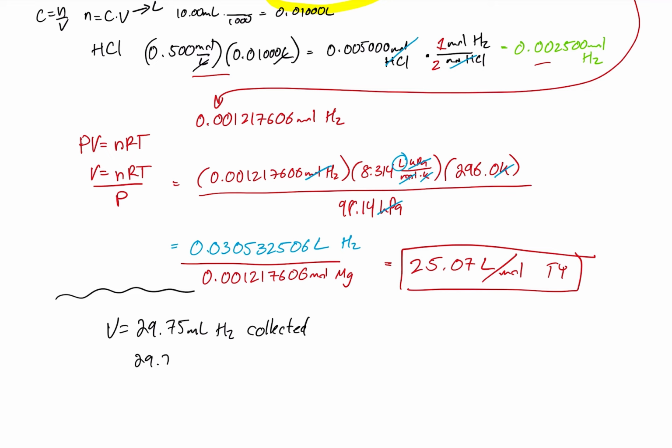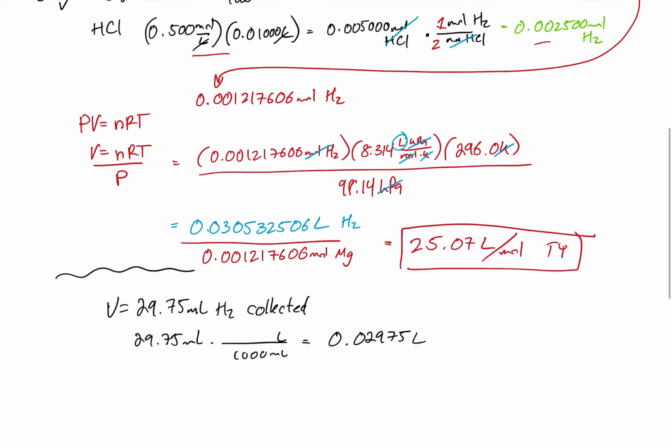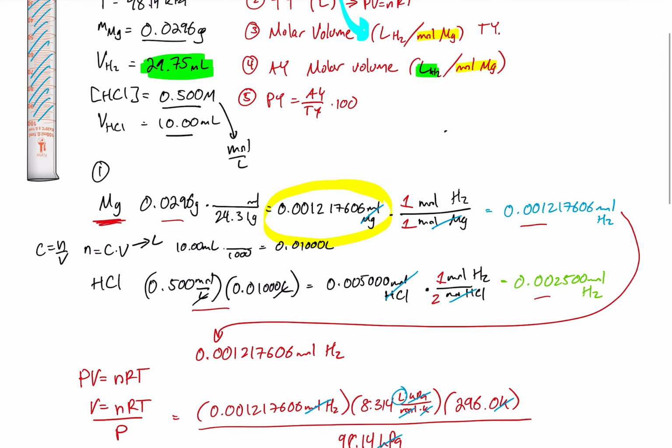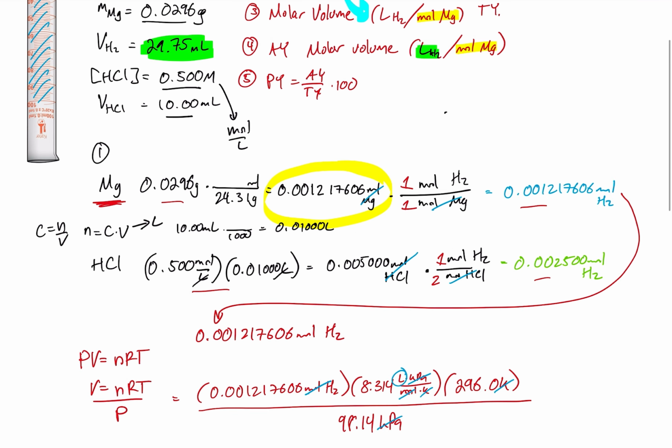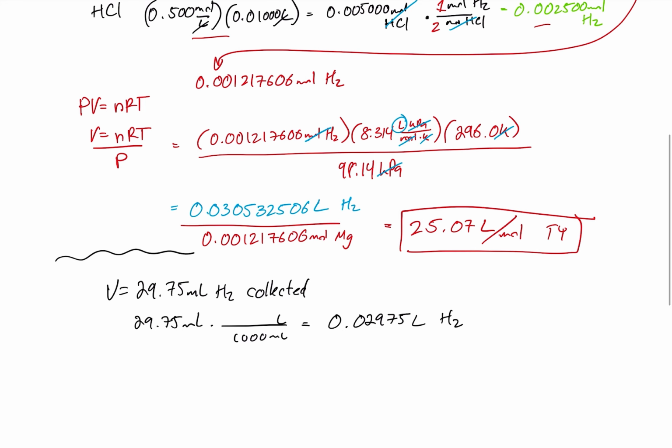So 29.75 mL divided by 1,000 milliliters per liter, and we're going to get 0.02975 liters. Perfect. So just like we did in the previous step, and this is again of H2 gas that was collected, and remember that we used our 0.296 grams, which again was this value in moles. So we're going to use that same value to calculate the molar volume for our actual yield.